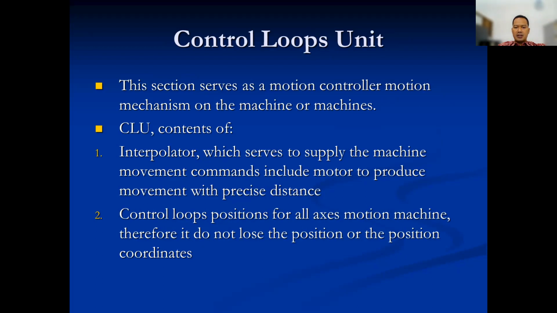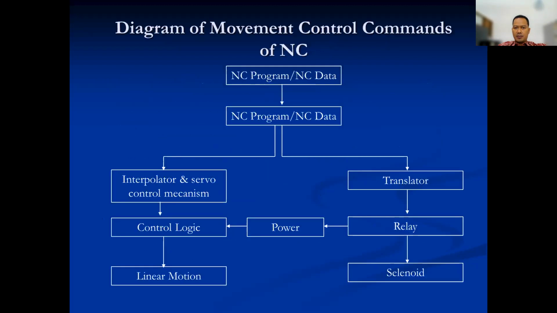As we know, the CNC can move with a distance of 0.001 millimeters, or 1 per 1000 millimeters. You can imagine the precision of the machine. And number 2, control loops position for all X motion of the machine. Therefore, it does not lose the position, or the position coordinate, of the tools.